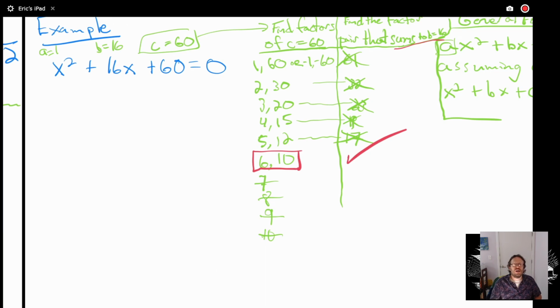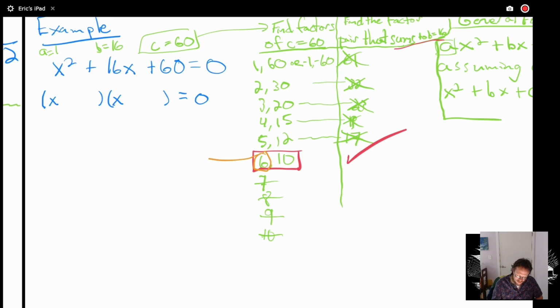Well, we know that we write the expression as a product of two binomials, and we just use the form of putting x after the first open parenthesis, x after the second open parenthesis, and then the numbers that we put in there come from our factor pair.